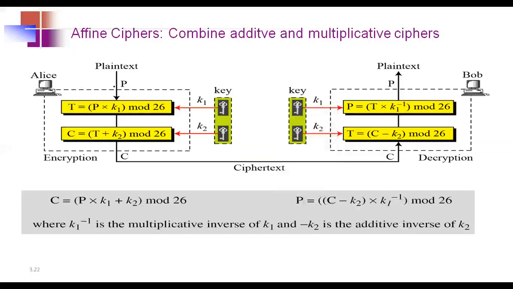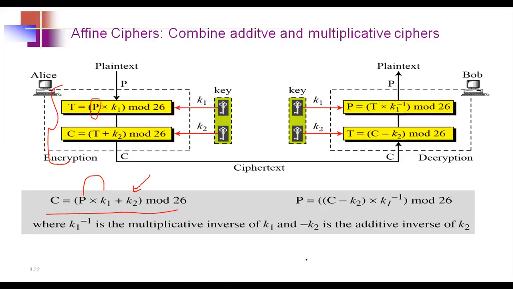Each and every character is multiplied with some k value and added with another key value to get the ciphertext value. Simplifying these two steps, the ciphertext character is equal to the plain text character multiplied with k1, plus k2, modulo 26.